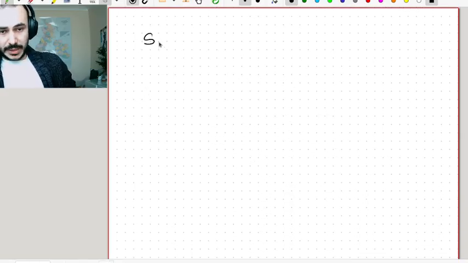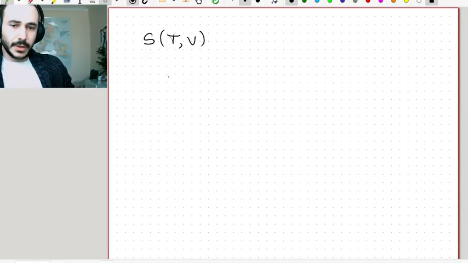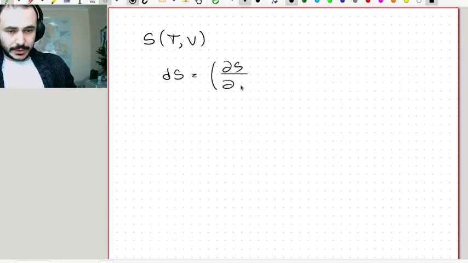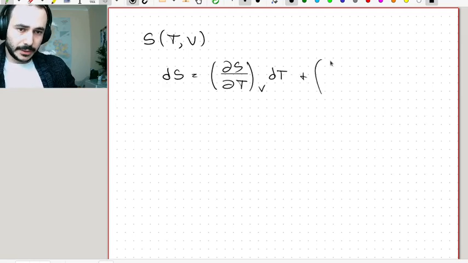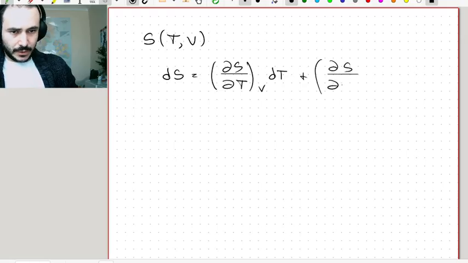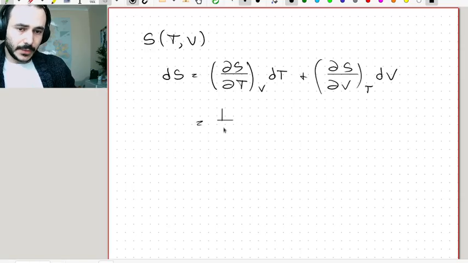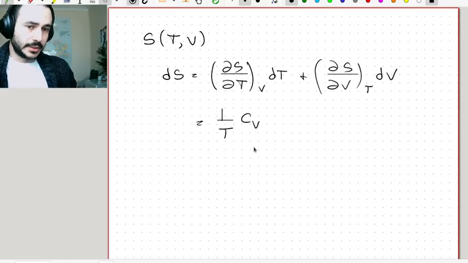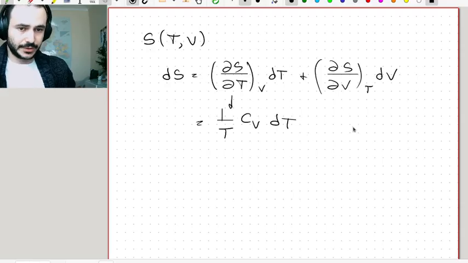Okay, so imagine I want entropy as a function again of temperature and volume. What you need to do is the partial derivative of S with respect to T at constant V times dT, plus the partial derivative of S with respect to V at constant T times dV. And in this case, this first one is nothing but 1 over T times the heat capacity at constant volume, times the differential of temperature, just by the definition.